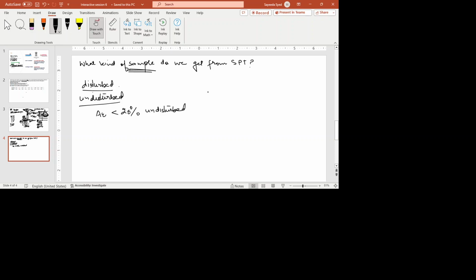So typically, for a cross section of the SPT split spoon sampler, let me write it here.